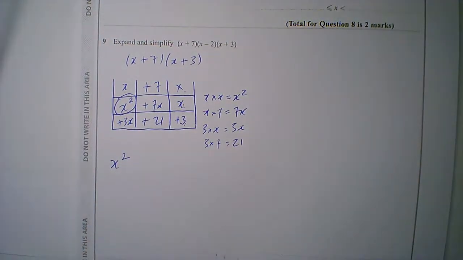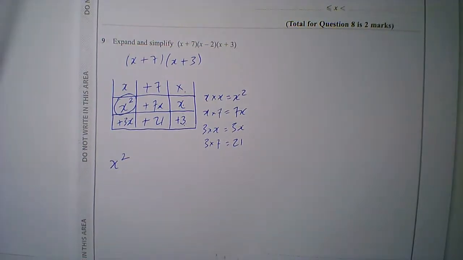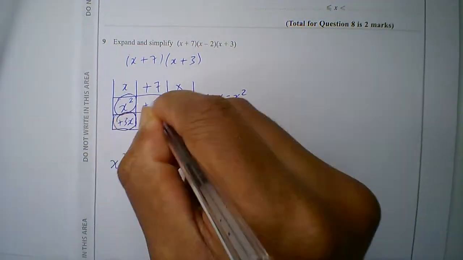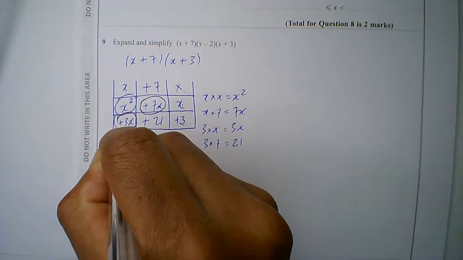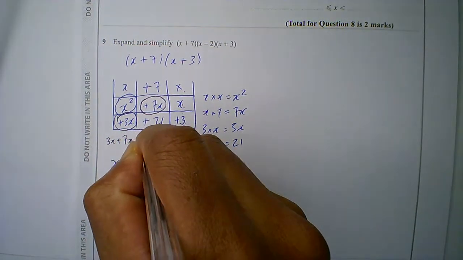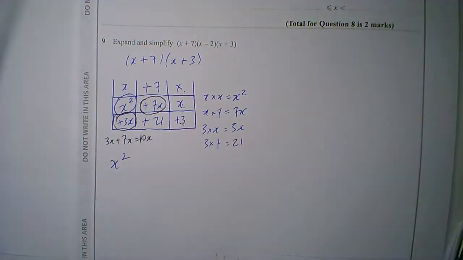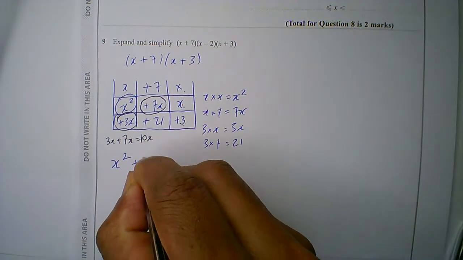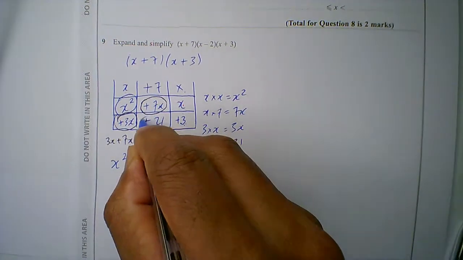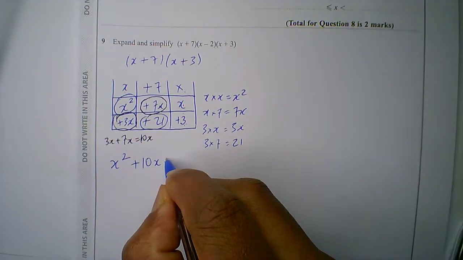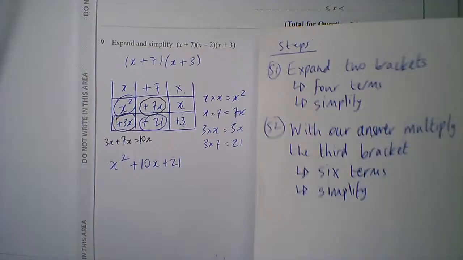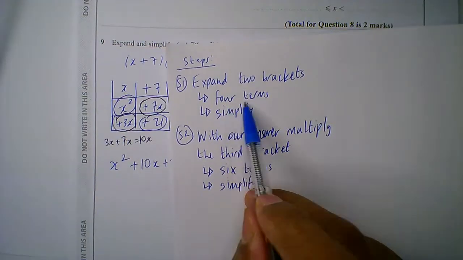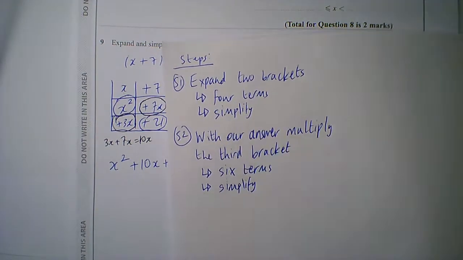And if I look at the next one closely, this is an x term, which is 3x plus 7x. So 3x plus 7x gives me 10x. So this is plus 10x. And then I have the last term here, which is 21. So that's my step 1. I've expanded two brackets. I got 4 terms and I simplified.